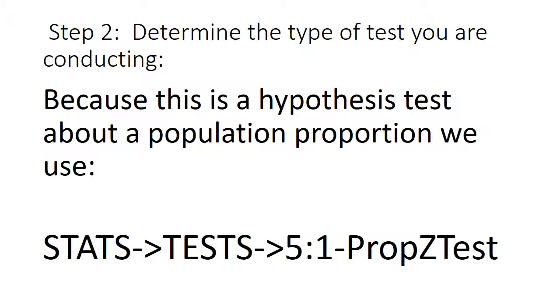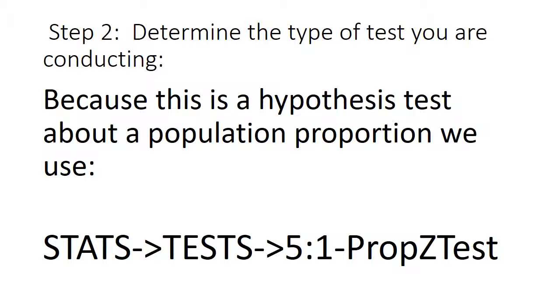So we go to stats, tests, and number 5 on most of your calculators will be the one proportion Z test. One proportion because we're dealing with a single population and we are making a test about the population proportion, and a Z test because we are using a normal distribution to approximate the binomial distribution we get from looking at successes and failures.